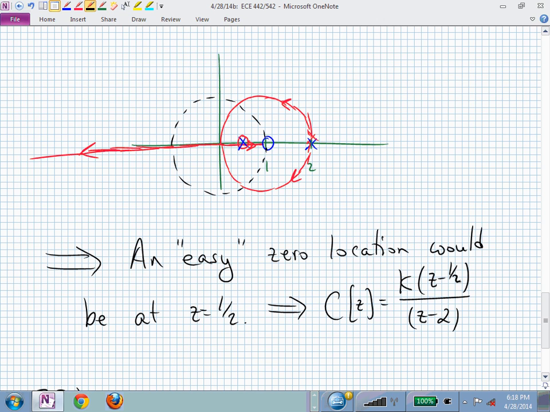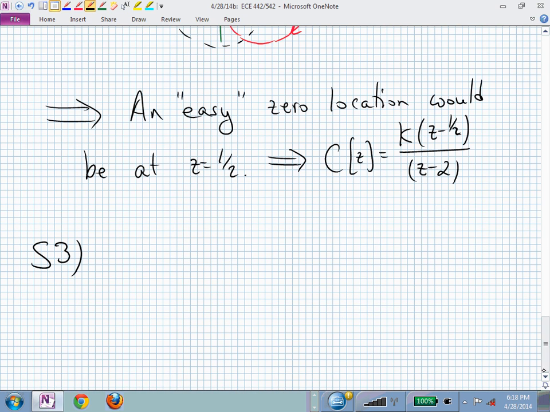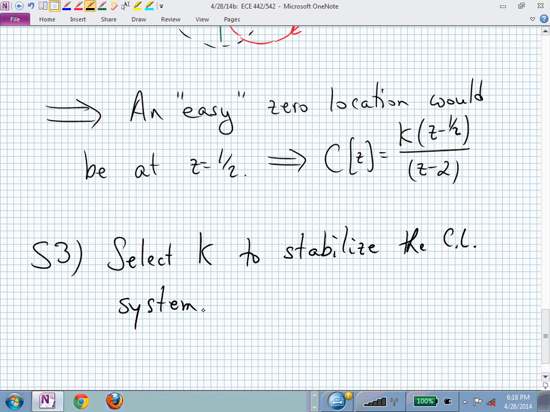Now what we need to do is select the gain K to stabilize the closed loop system.